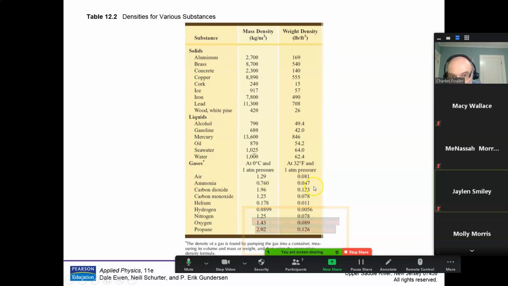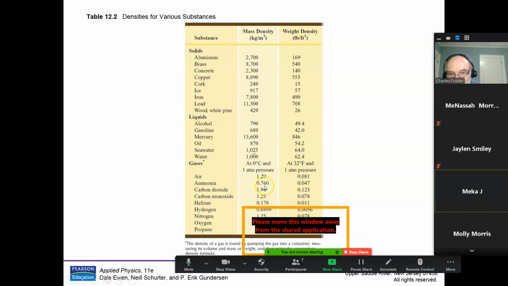Ammonia, even less dense, okay? Carbon dioxide, a little denser than regular air. Still way less than water, though. Carbon monoxide is down here not as dense as carbon dioxide and a little bit less dense than air.